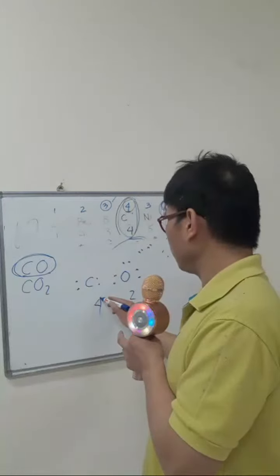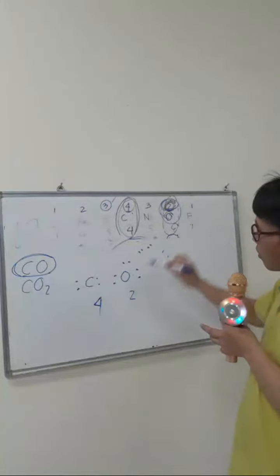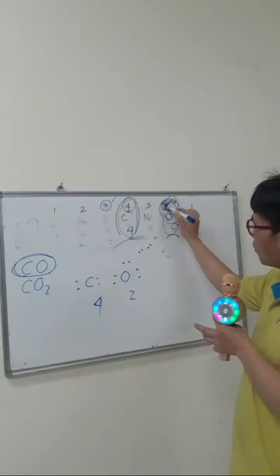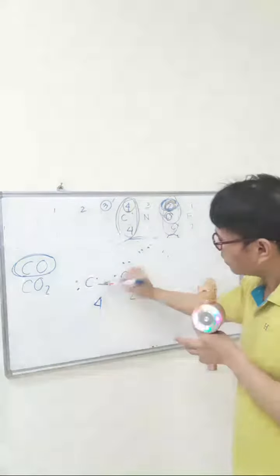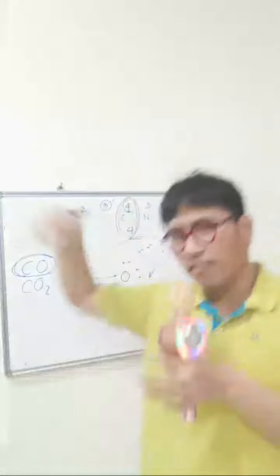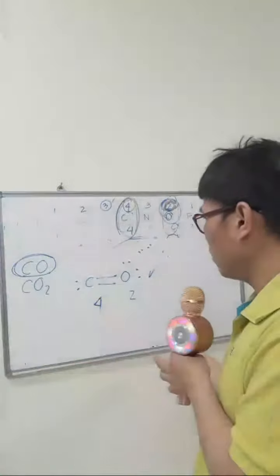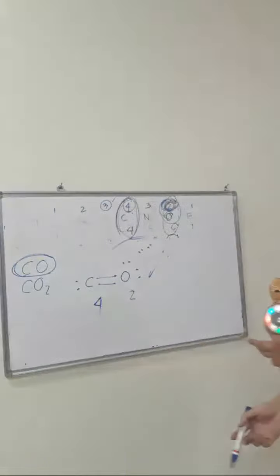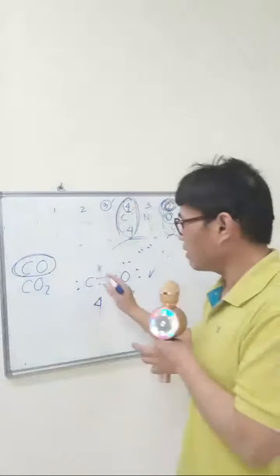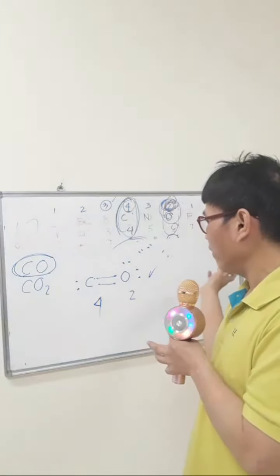Oxygen to carbon is 2. Oxygen to carbon requires 2 bonds. 1, 2. Oxygen to carbon, okay. Check. Carbon to oxygen needs 4. Impossible. Because this is not allowed to completely share the carbon, and then there's imbalance there. Okay, got the point?